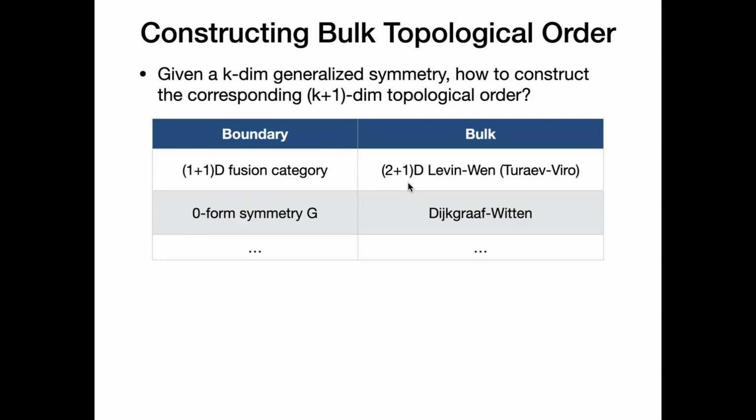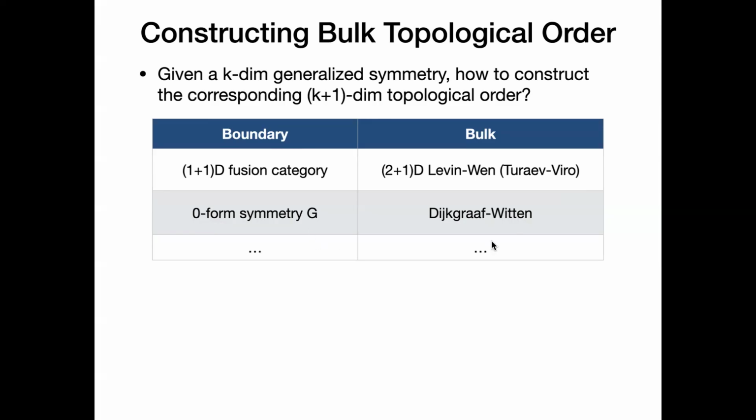For example, given any 1+1 dimensional fusion category symmetry, there's a well-known 2+1 dimensional level one string net model. This is a Hamiltonian model. There's also a correspondence with TQFT, which is the Turaev-Viro TQFTs. And these are the 2+1 topological orders which host this fusion category symmetry on the boundary.